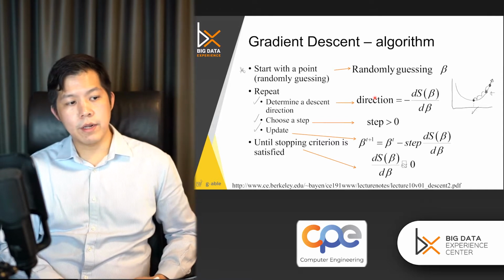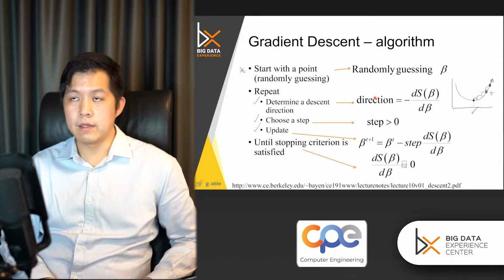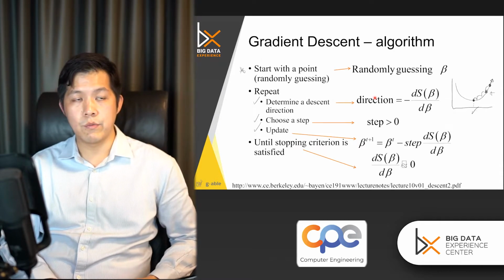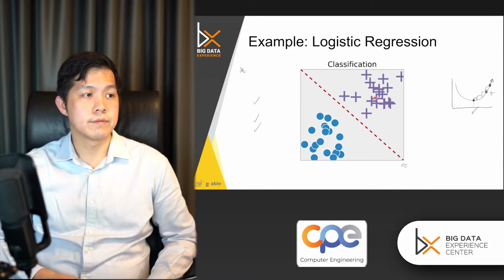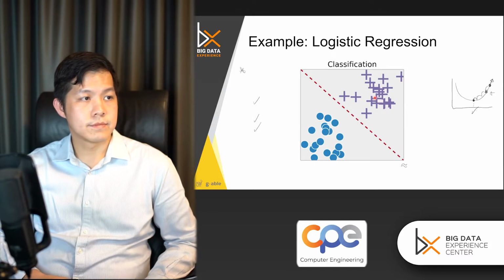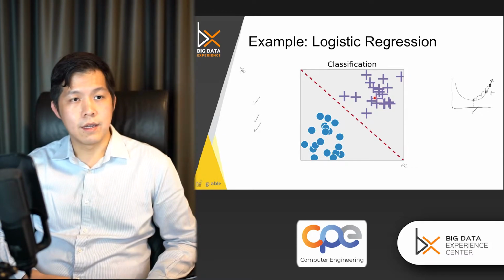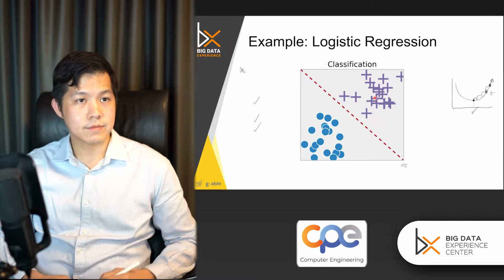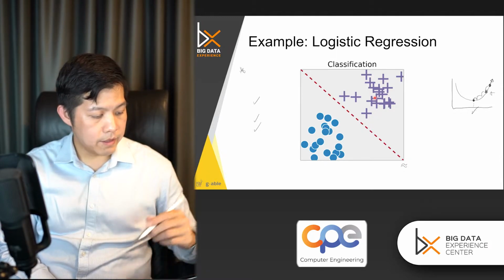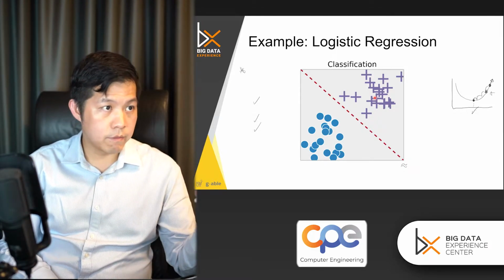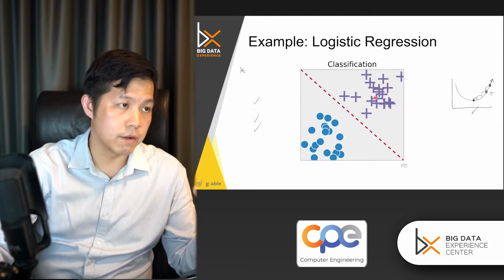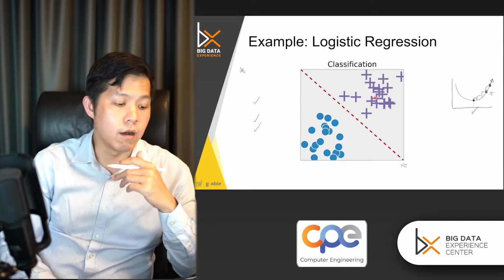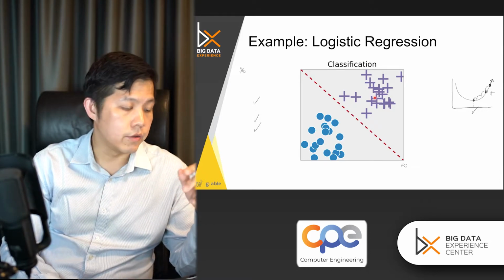Now we'll see how gradient descent works in the model, with the example of logistic regression. All right. Okay. Let me switch from this. I have multiple slides that derive the solution, but I will write it on my iPad, and then you can follow through.